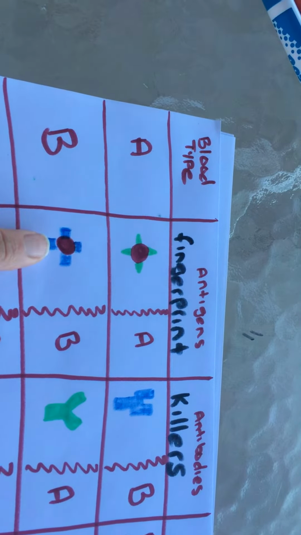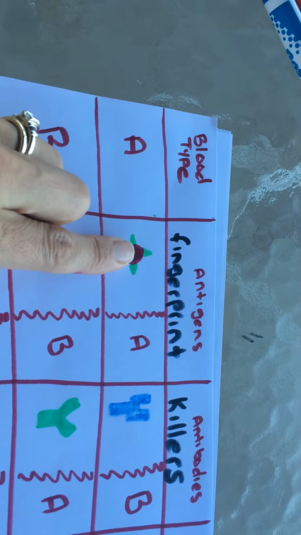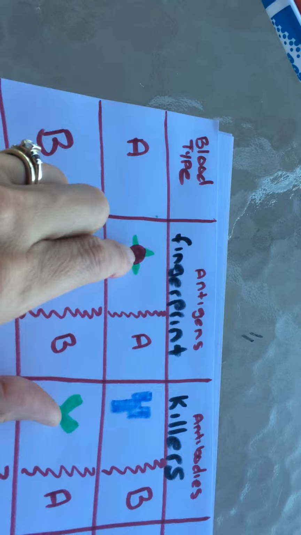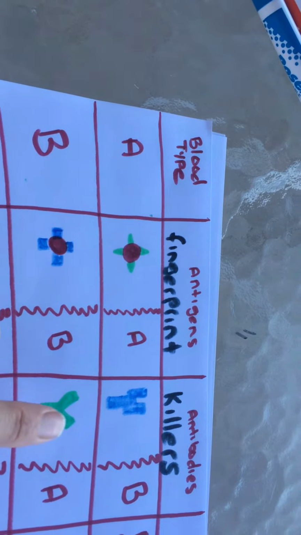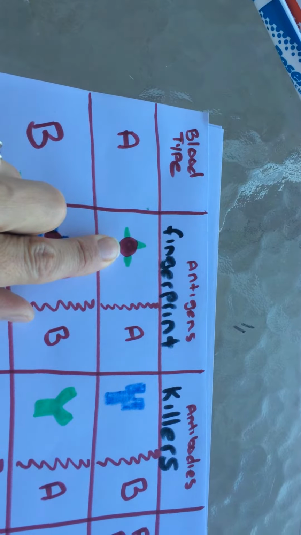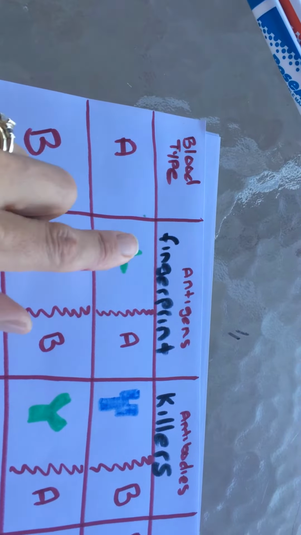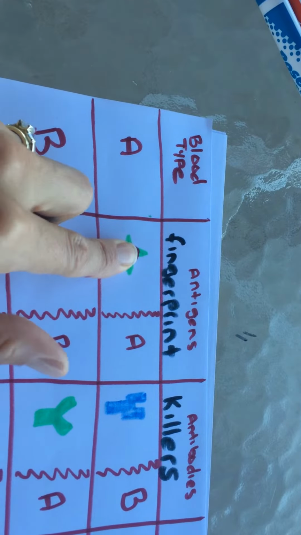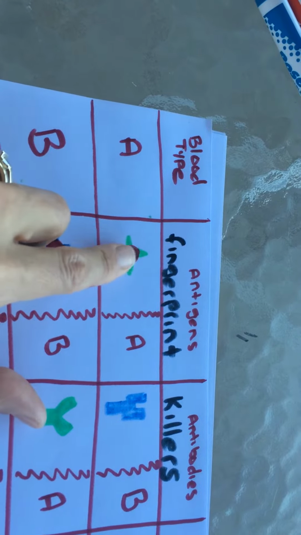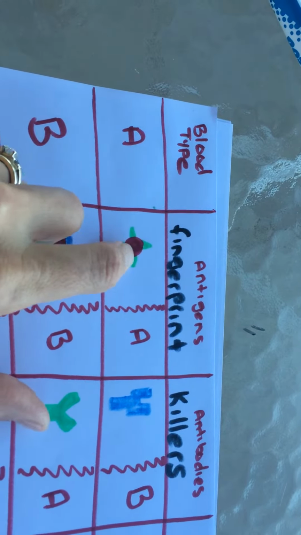And if I'm blood type B and I received a transfusion of this blood type, now I have a molecular match, meaning I have something for my antibodies to attach to and kill. And that's why if I'm blood type B and I receive a blood type A transfusion, my antibody, which looks like this, has a molecular match to the A antigens, and it will kill it.